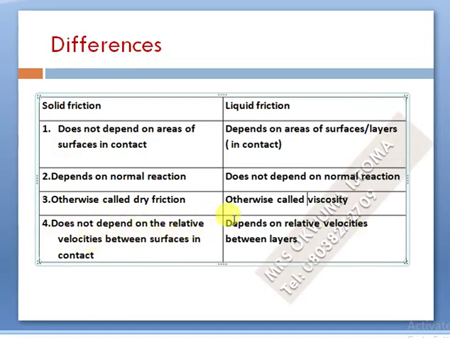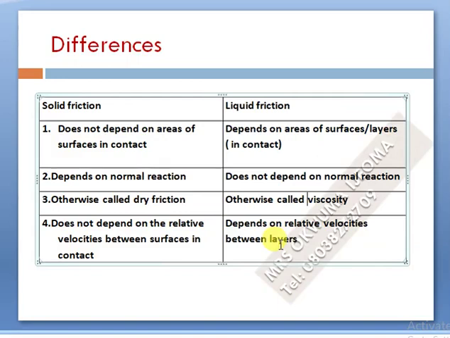But in liquid friction, it depends on the relative velocity between what? Layers. Remember when we talked about viscosity, we said if you're using glycerin and you're using water, and you drop a sphere or a stone inside it, when you drop the stone inside the water, it moves to the bottom of the beaker very fast. The velocity will be faster than when you drop it inside the what?